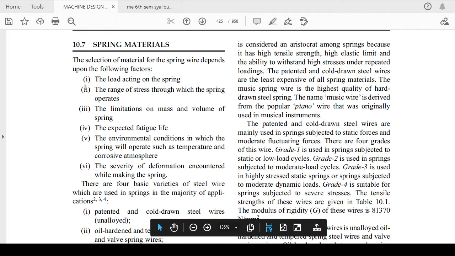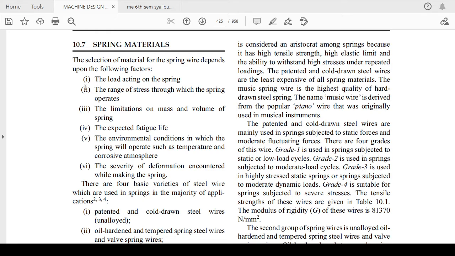You can thoroughly go through what you understand by the spring materials. Basically the selection of the spring wire depends on various factors like the load on the spring, the range of the stress through which the spring operates, the limitation of mass and volume, expected fatigue life, environmental conditions in which a spring is going to operate, like temperature and corrosive nature of the atmosphere, then severity of deformation encountered while making it.